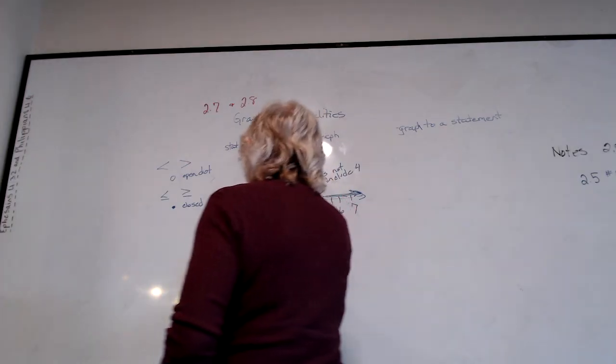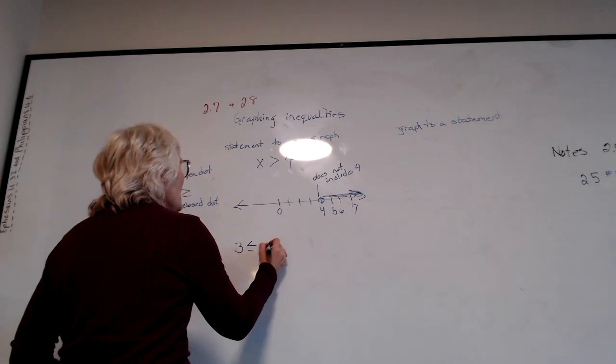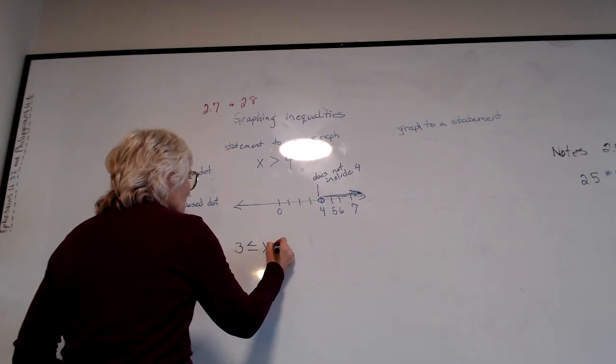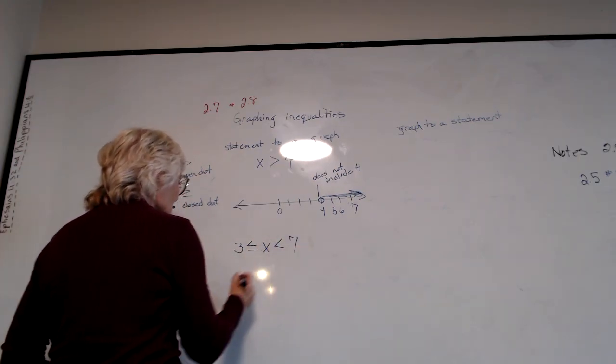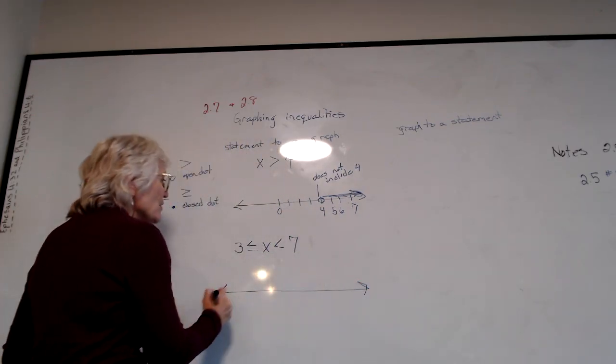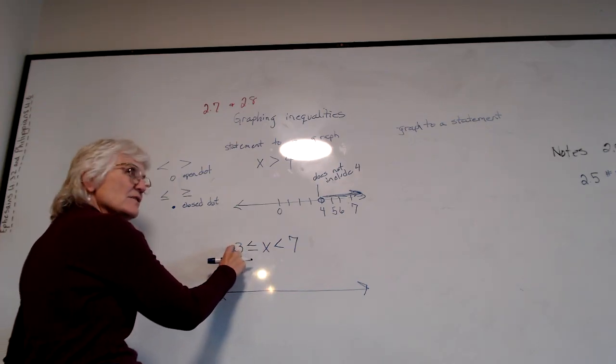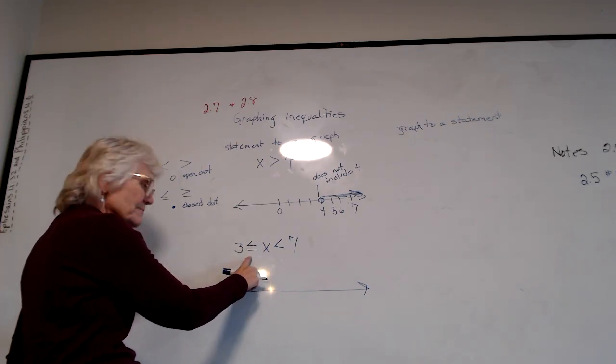If you had something like this, 3 is less than or equal to x, which is less than 7, this is called a compound statement. But what you're really doing is saying x is greater than or equal to 3.